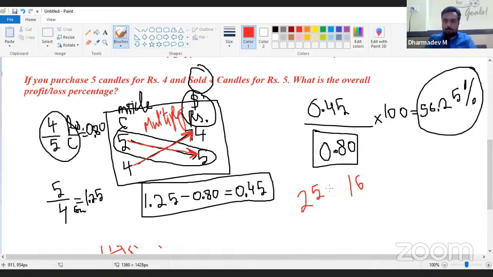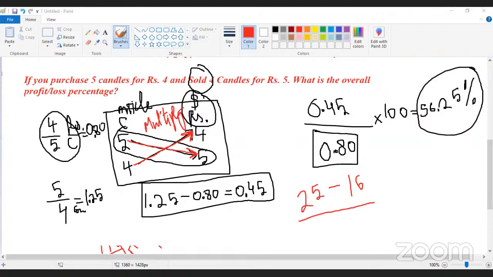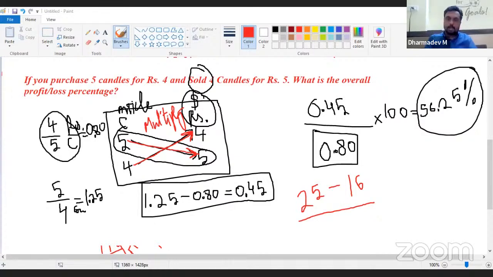So I would subtract them both, whole divided by, is it a profit or loss? As we know from the question, it's a profit. If it's a profit, I'm going to write the smaller number, that is 4 times 4 is 16, in the base. So multiplied by 100 is just a trick.